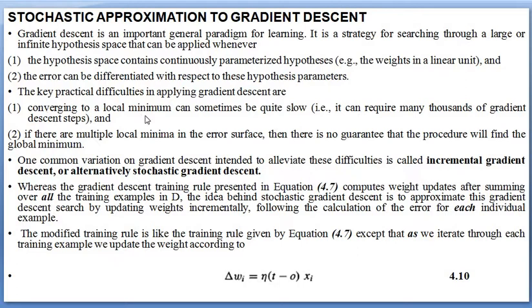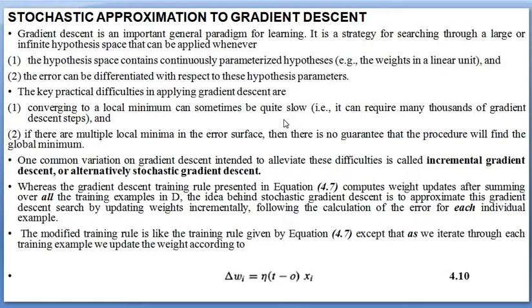The key practical difficulties of gradient descent are, first, converging to a local minimum can sometimes be quite slow. The meaning is that sometimes it may take hundreds of thousands of repetitions to reach the local minima. What is local minima here? Local minima is the point in the space where there exists a very small error, or zero error, we can say.